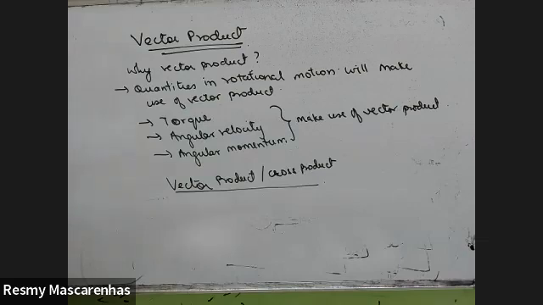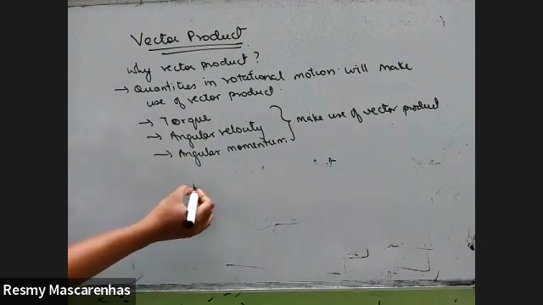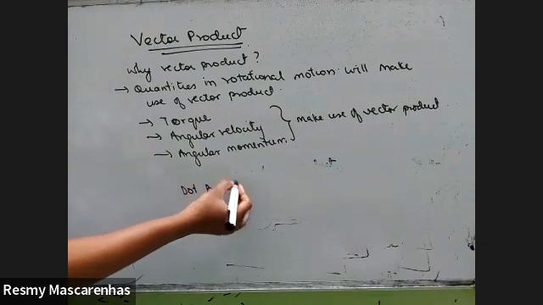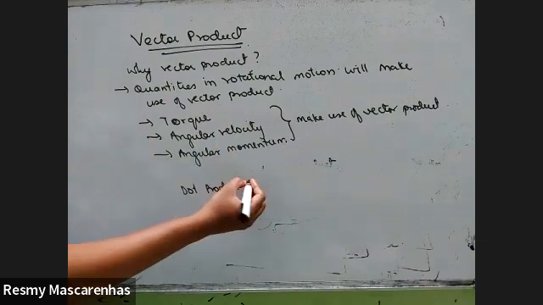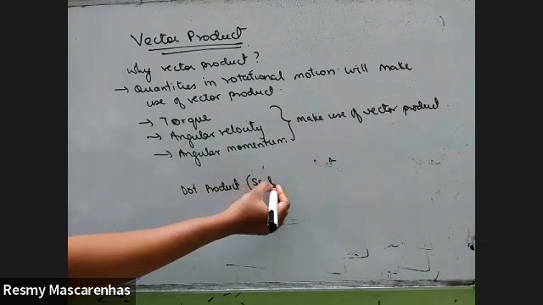Before that we have studied a dot product. Although it's not there in this chapter, I'll just tell what was dot product. There are two products. One is called a dot product or a scalar product.